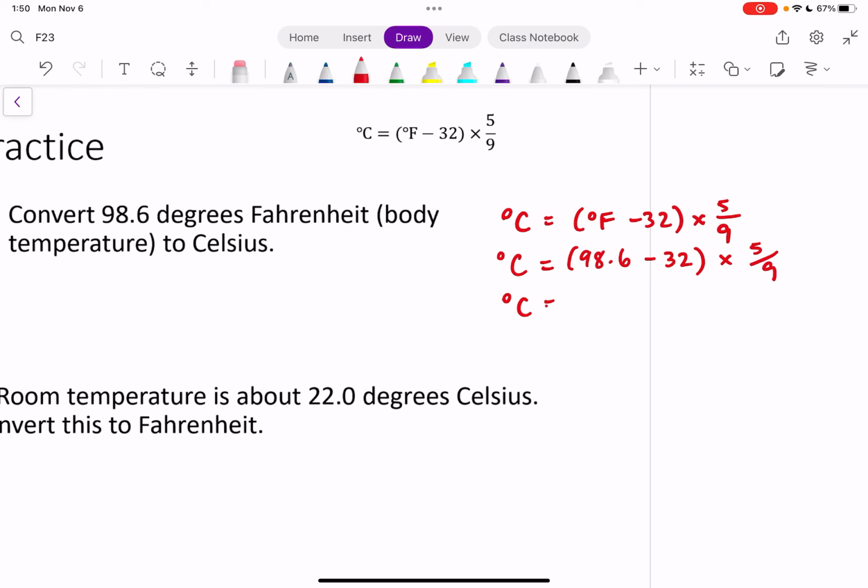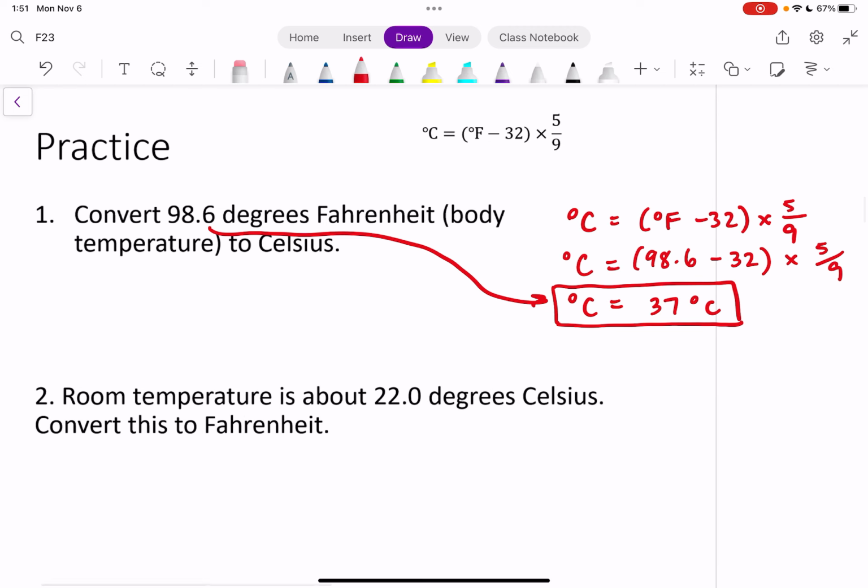Remember, you've got to do what's in the parentheses first. So 98.6 minus 32 times 5 divided by 9 gives us 37 degrees Celsius. So 98.6 degrees Fahrenheit is 37 degrees Celsius.